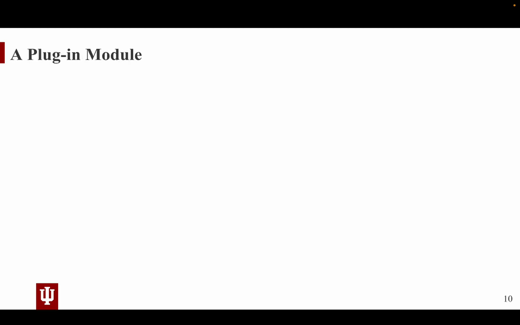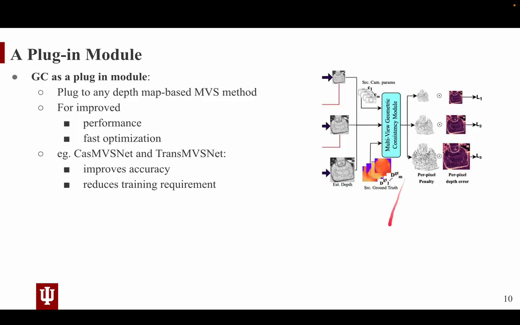The GC module is designed in such a way that it can be inserted into any depth map based MVS method, just as is shown here. On any depth map based MVS method, we can just add it and then penalize for the geometric inconsistency of the estimates. To demonstrate this, we choose two different networks, CAS-MVSNet and Trans-MVSNet.